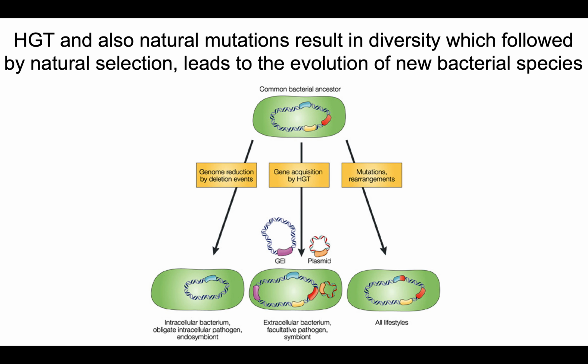So finally, we're talking about diversity, and this is just a nice little diagram showing what causes diversity and what diversity leads to. We get things such as mutations, which we really haven't talked about.